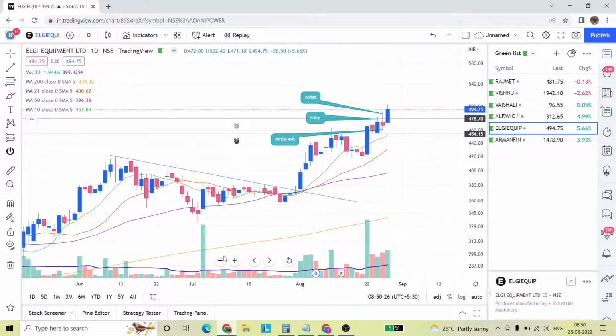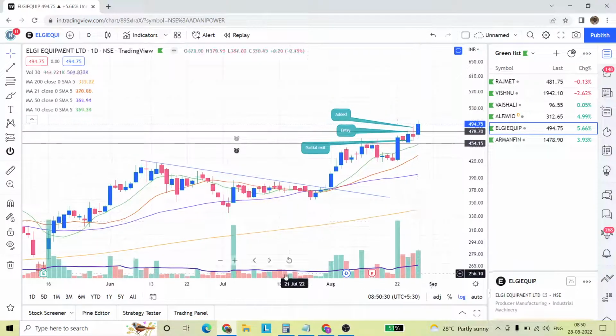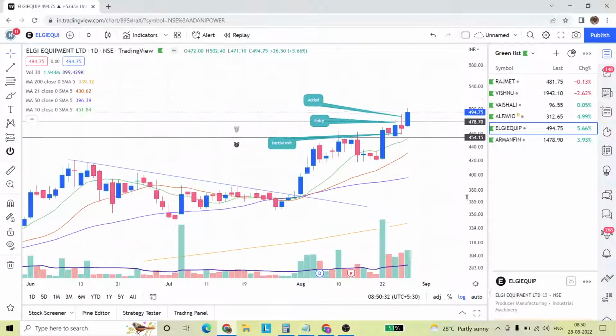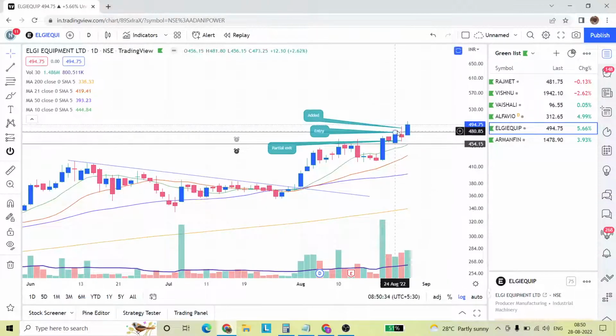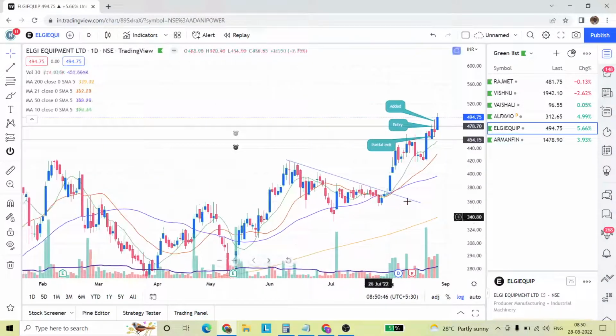Next one is LG Equipment, and as you can see here, we have taken a breakout. After the breakout it goes up. As you know, I pyramid into my working positions, I pyramided it, I have added some positions to this one, and it looks good. Basically it's a long base, a long VCP.